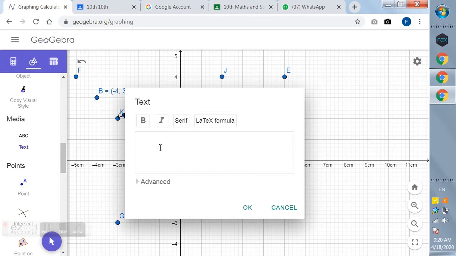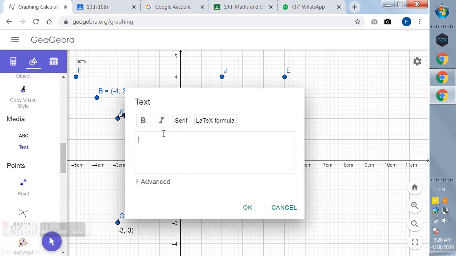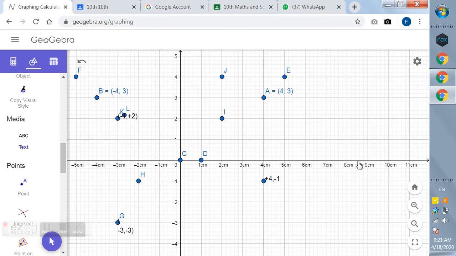Now similarly for G point, if I add a box, I'll say G is at x is -3 and y is -3. So G is actually (-3, -3). Correct? So as for this point, what is the value of this point? This is at +4 on the x-axis and -1 on the y-axis. Alright, so this is how we plot points on the 2D axis.